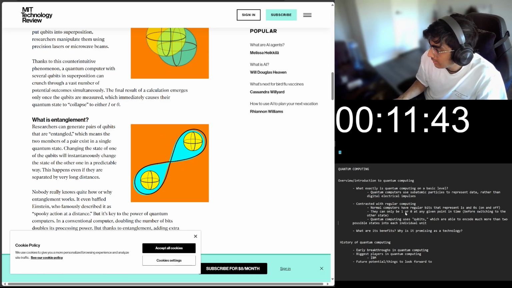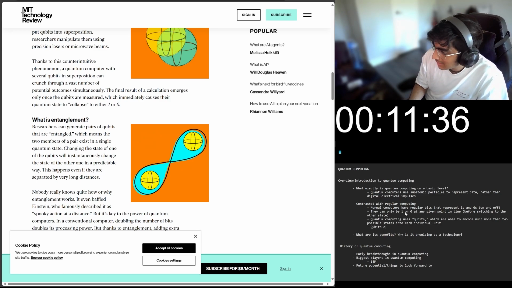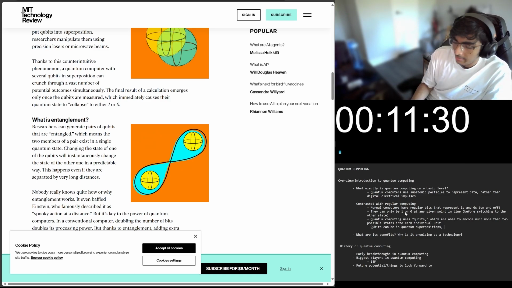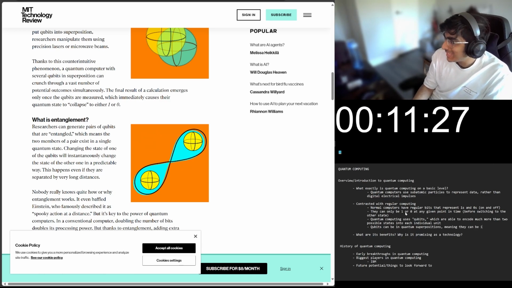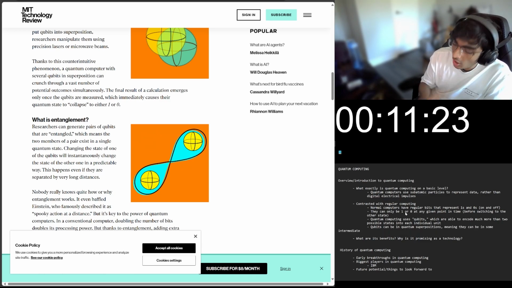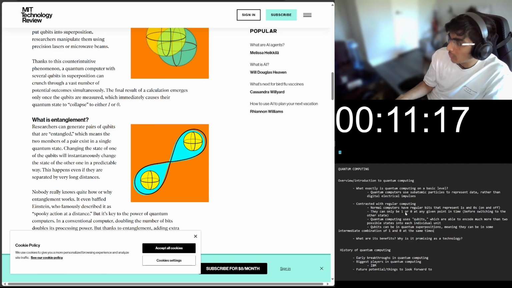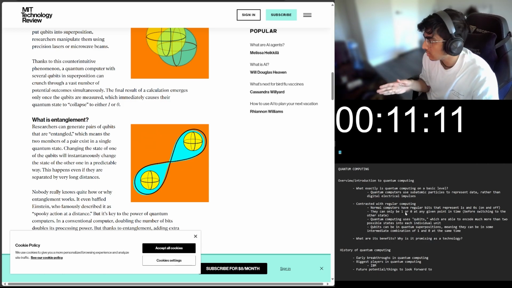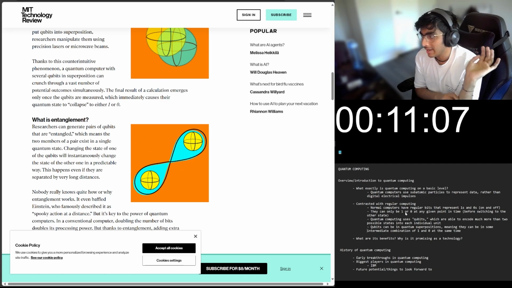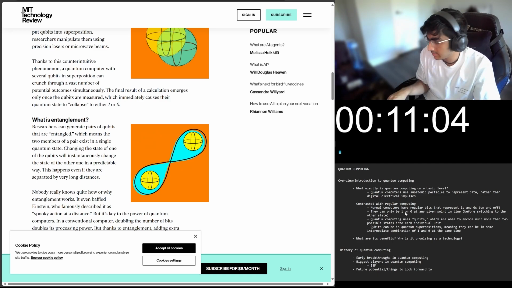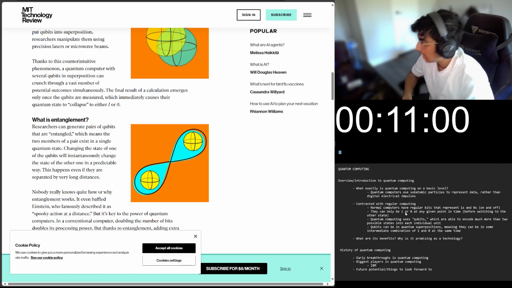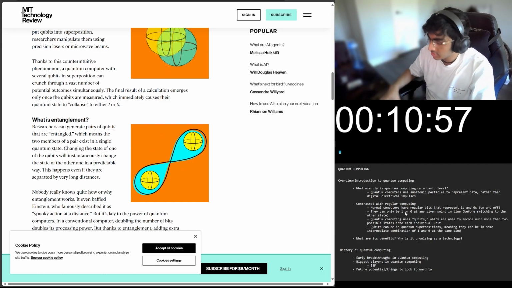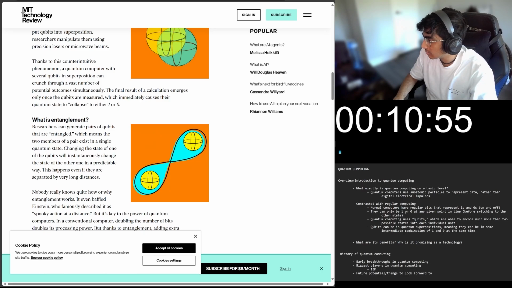The reason they can do that is because qubits can be in quantum superpositions, meaning they can be in some intermediate combination of 1 and 0 at the same time. This is one way to think about it. I don't know if this is literally how it works, but essentially instead of being a 1 or a 0, a qubit can be like 70% 1 and 30% 0 or something like that. Because of that, it opens up a way wider range of possible states for qubits to be in.